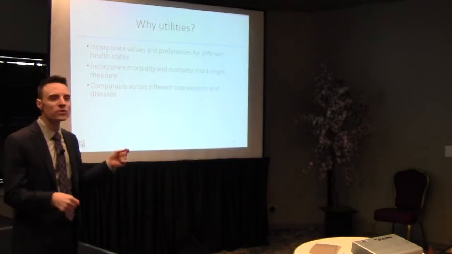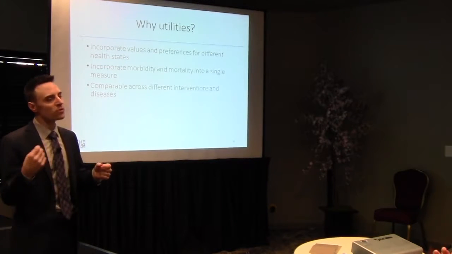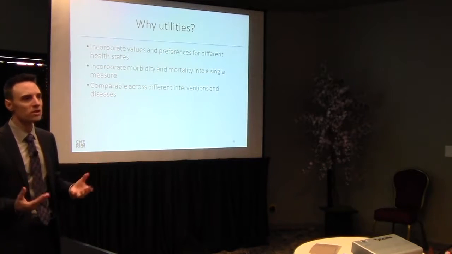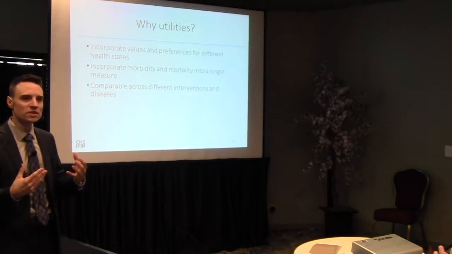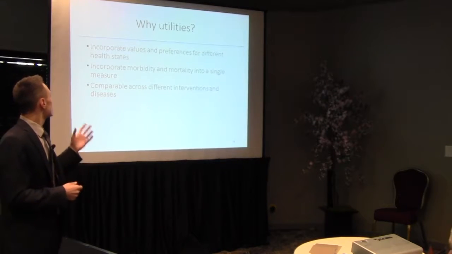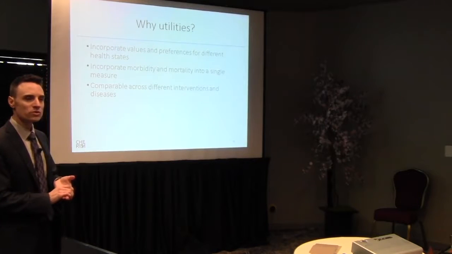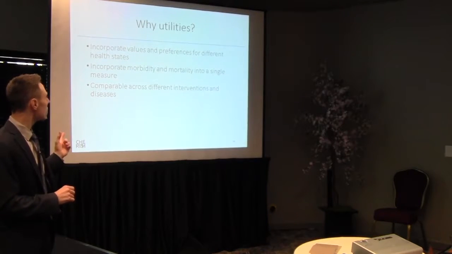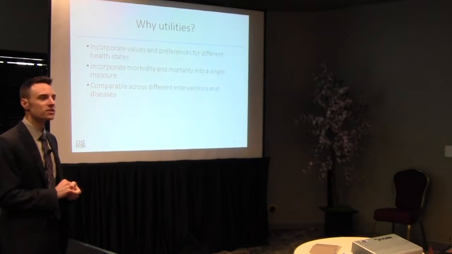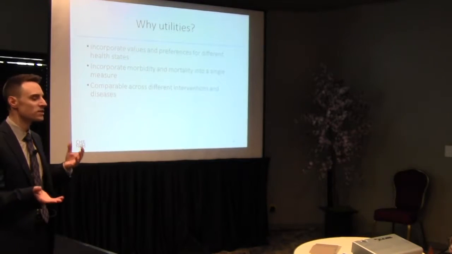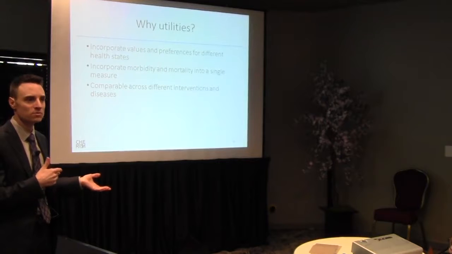You're either going to prefer A to B, prefer B to A, or be indifferent to A and B. Well, that's what we're talking about, indifference and utility, satisfaction. Okay? So we also incorporate morbidity and mortality into a single measure when we use utilities. And they're comparable across different interventions and diseases, which is a nice thing, right? We just talked about how that's a downside to, let's say, the clinical measures of outcome.